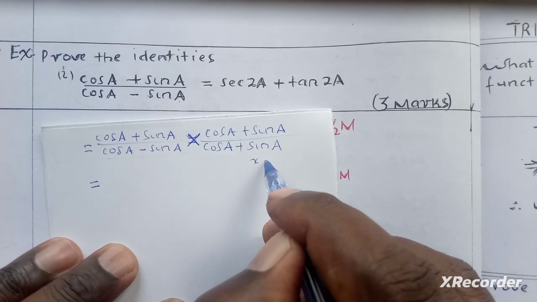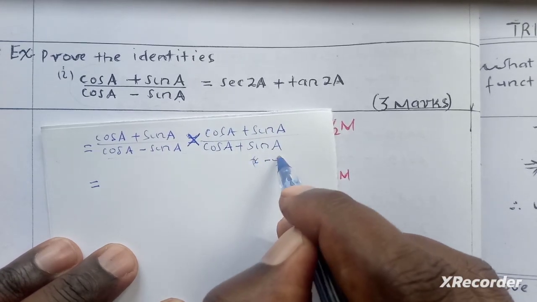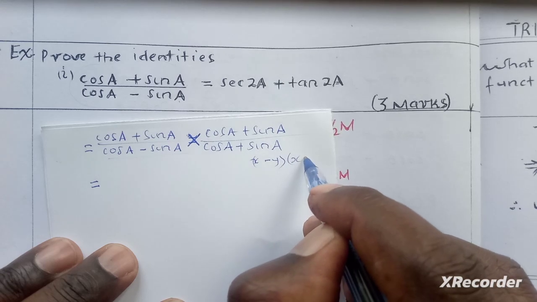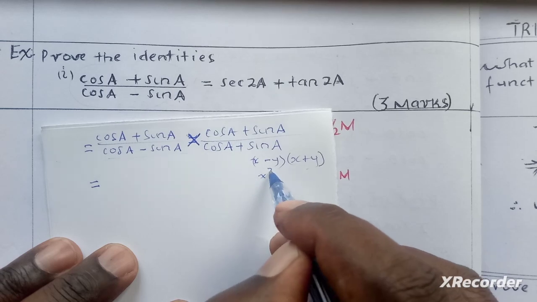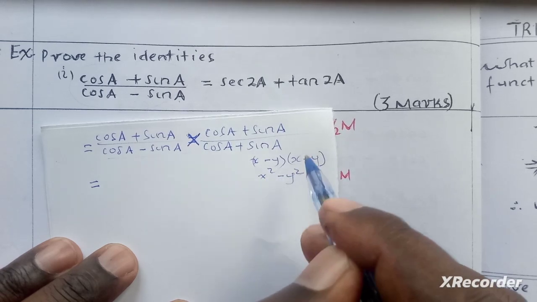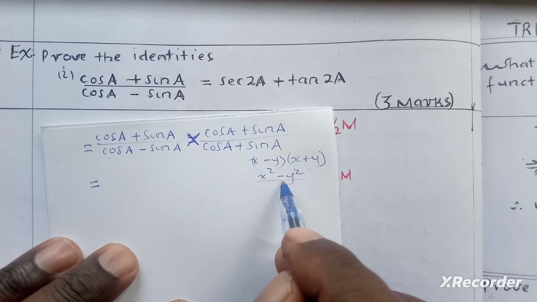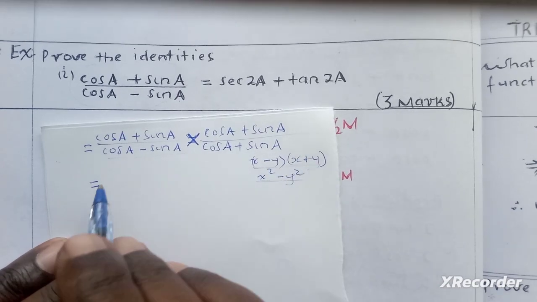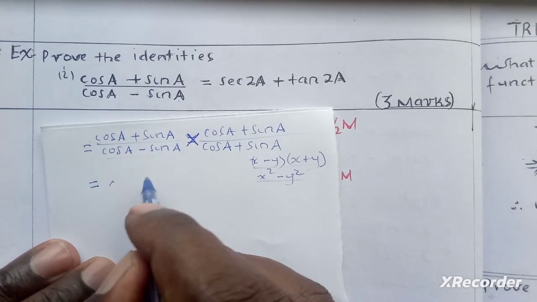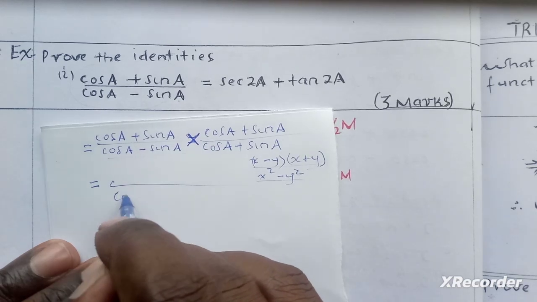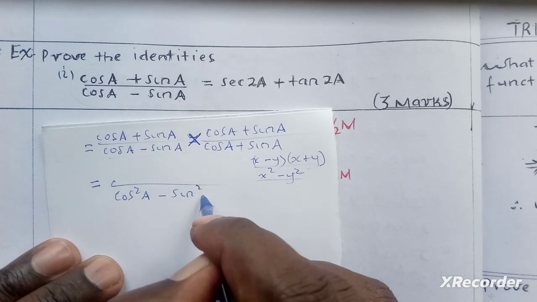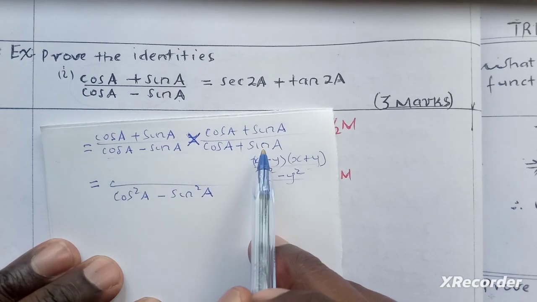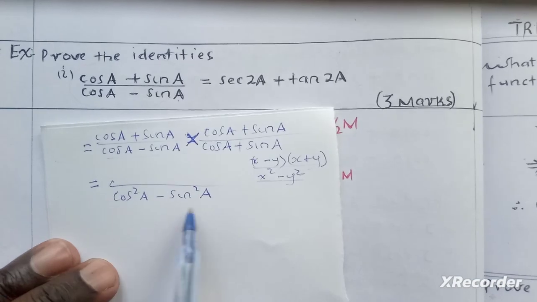Because we usually say that if you have x minus y and x plus y, this one is brought about by x squared minus y squared. This is the difference of two squares. So for this one, we'll have cos squared A minus sin squared A. Try to expand it in the normal way and see whether you'll get that.